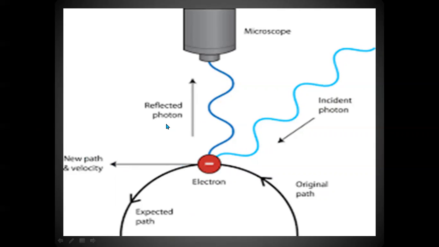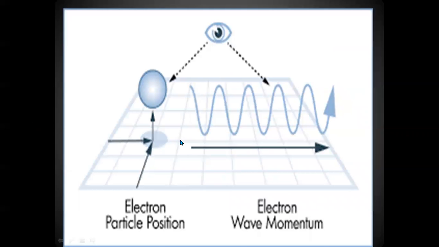Now, if we try to find the position as well as the momentum simultaneously, meaning at the same time the position of a particle like an electron and the momentum of the electron, it is not possible for us. Why? Because the electron is a very fast moving body.